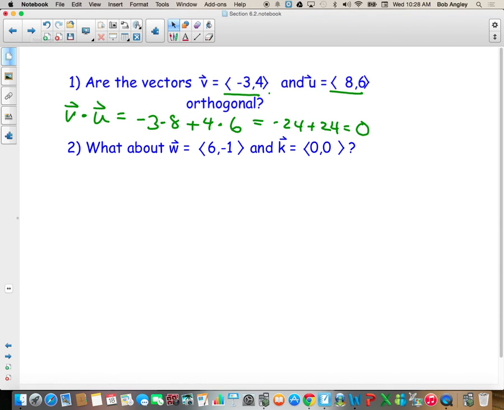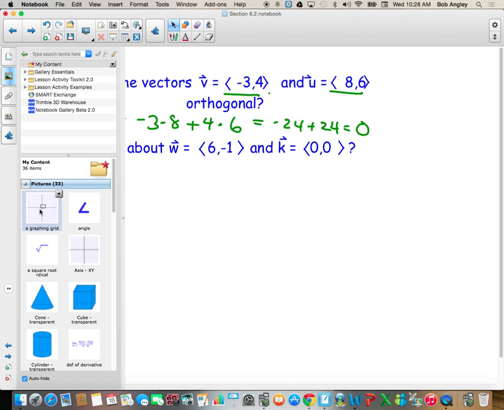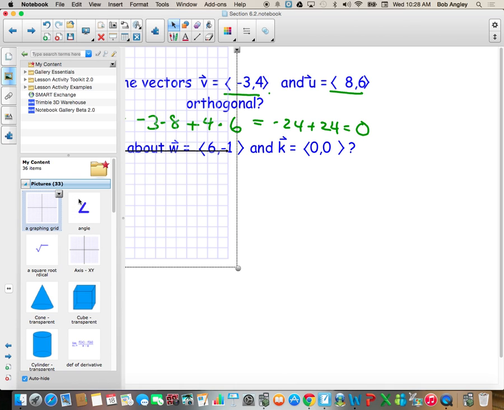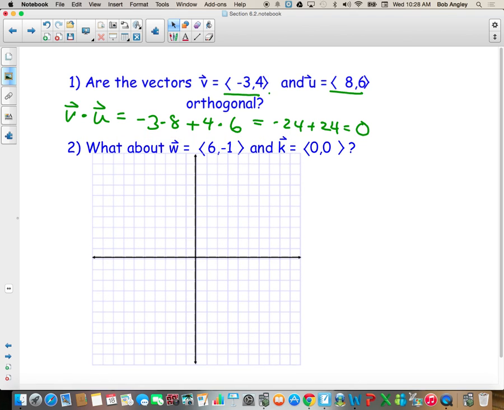Now, let me demonstrate that with just a graph here for a minute. If we graph the vector -3, 4, it goes like that. Now I don't have it drawn perfectly straight, but it's close enough you get the picture.